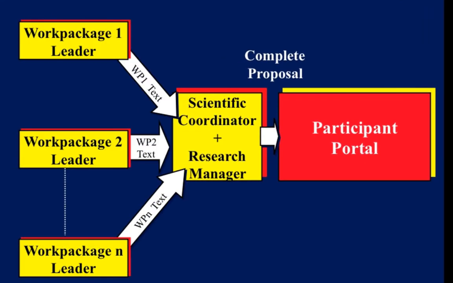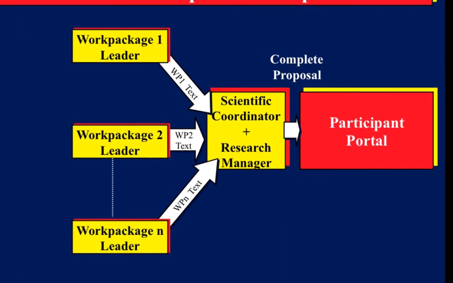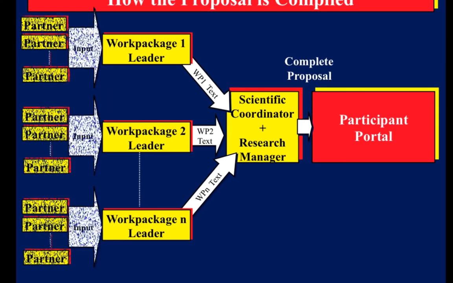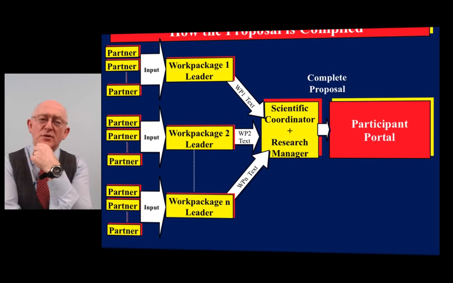If the project is divided into sub-parts, these are called work packages, normally one organization would be responsible for each work package. Now, suppose in this project we have 7 work packages and there could be 10 partners in the project. That means that 1 or 2 partners have very little to do when the proposal is being written.